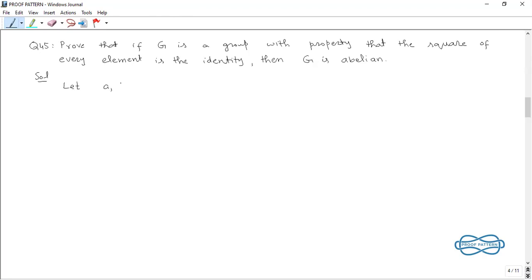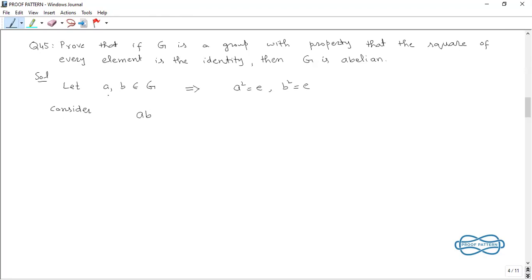let a and b be any arbitrary elements of G, and since the square of every element of G is equal to identity, it means a squared is equal to identity and b squared is equal to identity. Now consider ab.